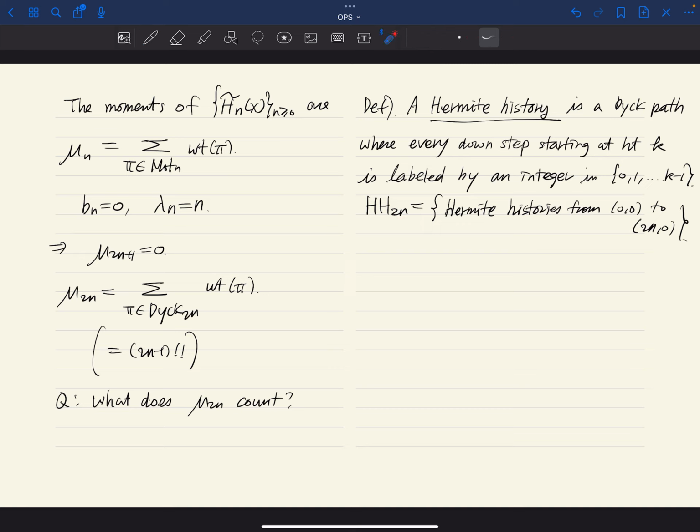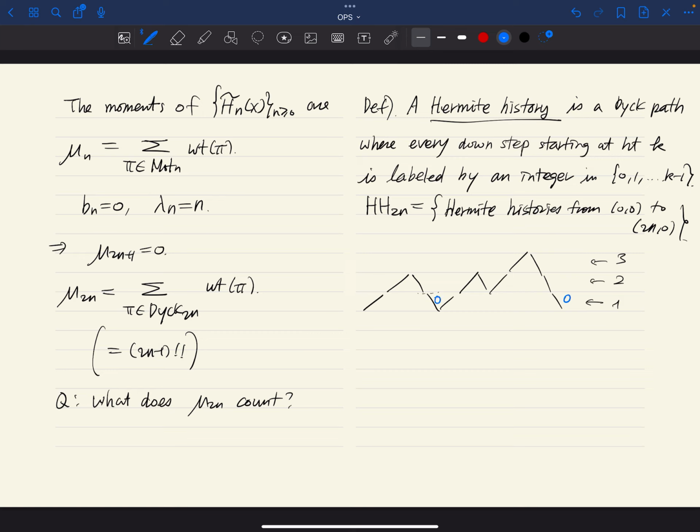Okay. So what does that mean? It's really just a labeled Dyck path. So suppose that we have a path like this. What is the starting height? This is height 1. So maybe the example is too small. Let's say the starting height is height 1, height 2, height 3, height 1, 2, 3. So that means we have a label here, but there is only one choice. We have to give a label 0.